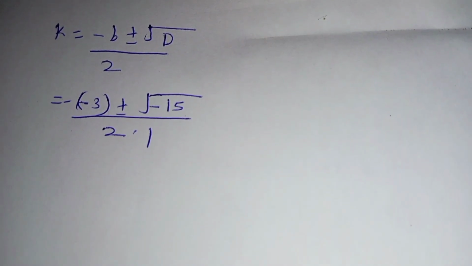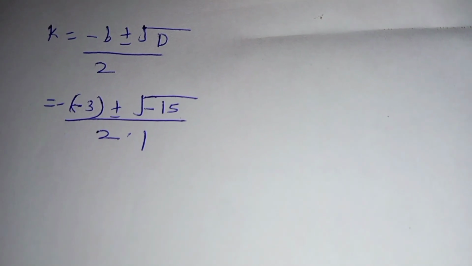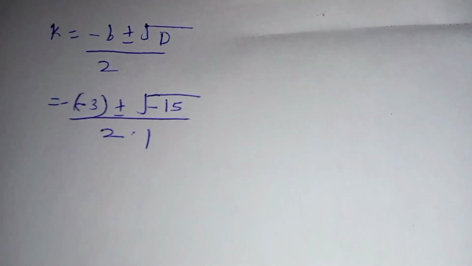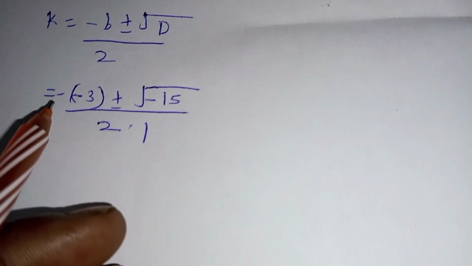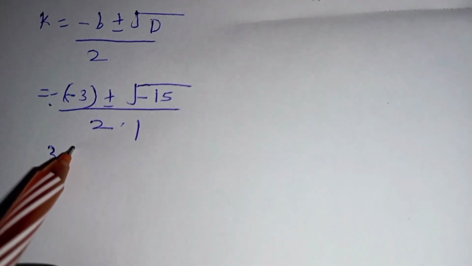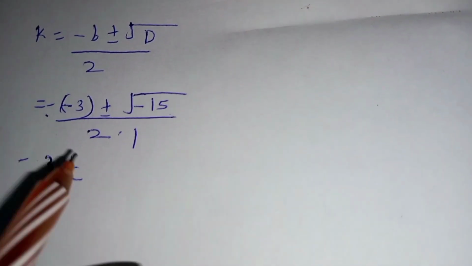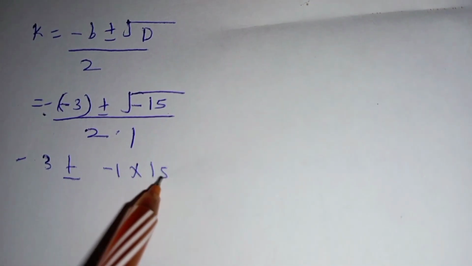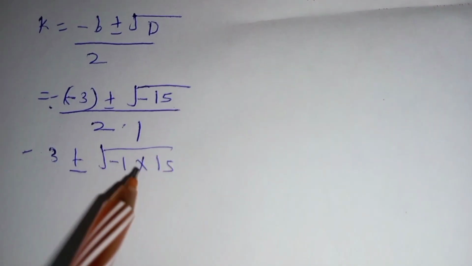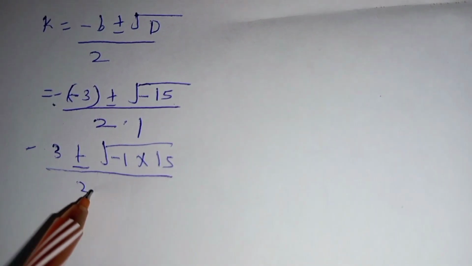So k is given by negative b plus or minus square root of d. We have obtained our d as negative 15. So negative 3 and negative becomes positive 3 plus or minus square root of negative 1 multiplied by 15. Then we divide by 2.